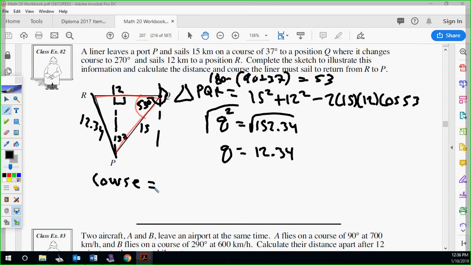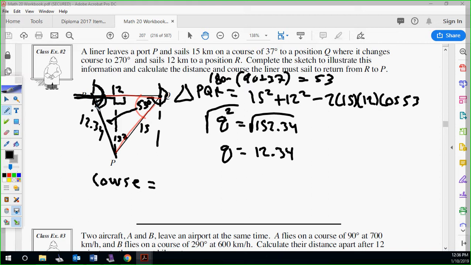What he's saying is we know 53 made what? It made that. And so then we're going to use this to figure out what that angle is. But with that angle, that's not going to be our full move yet. What I mean by that is that's not its course, right? Because he started north, it's 90 plus this. Does that make sense? Because this is perpendicular, so 90 plus that.